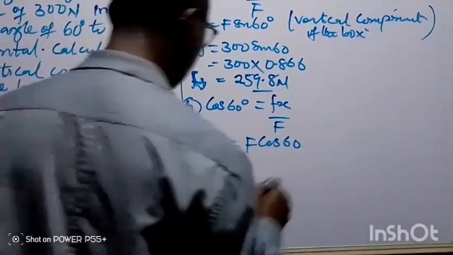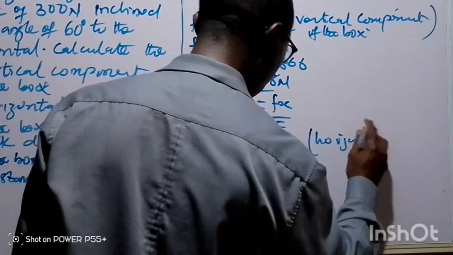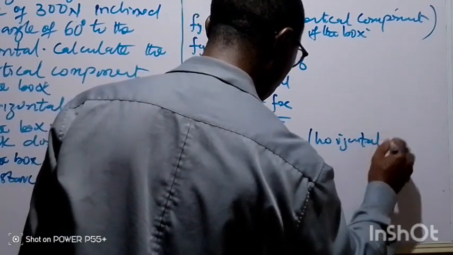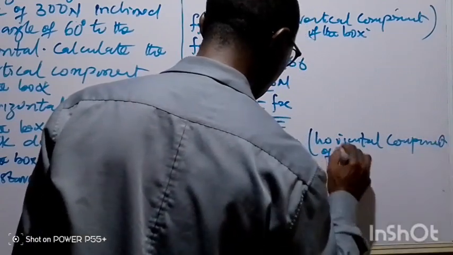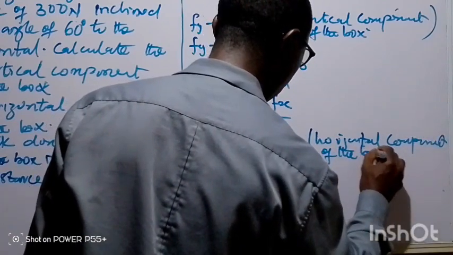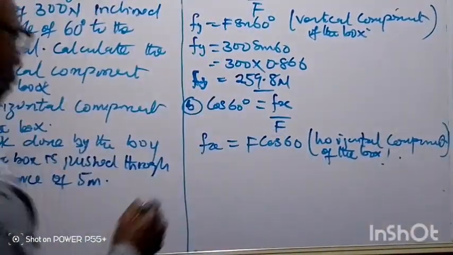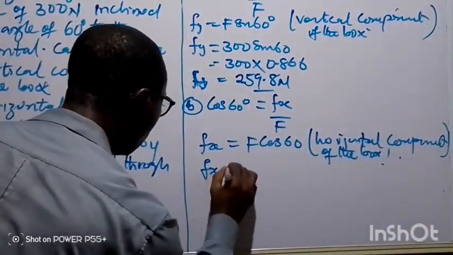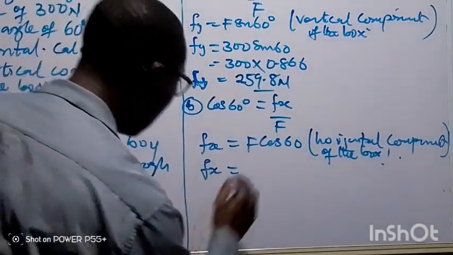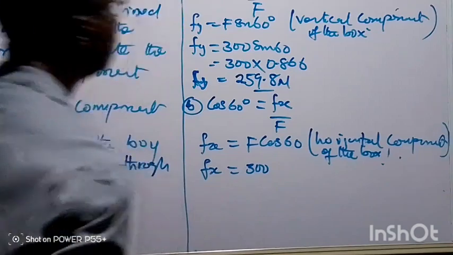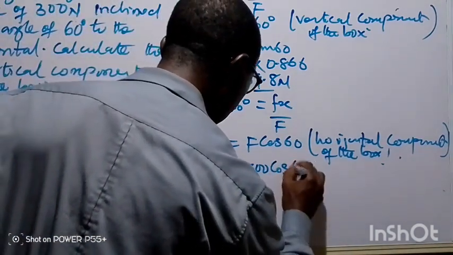So this one is for the horizontal component. So our Fx will be equal to, our F is 300, then cos 60 degrees.